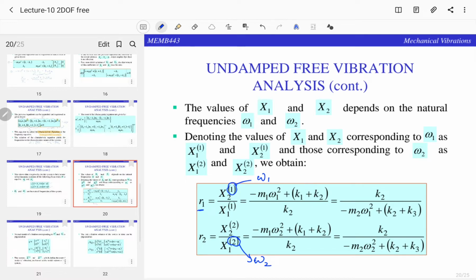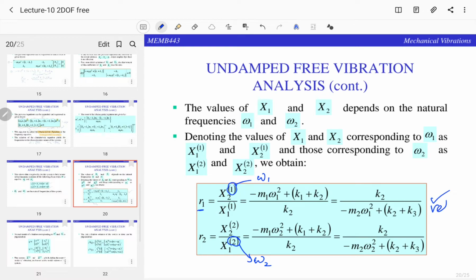So now you have two sets of amplitudes: one at natural frequency 1 and another at natural frequency 2. So basically you have four amplitudes here: X2 1, X1 1, X2 2, X1 2. So how do we get this equation?